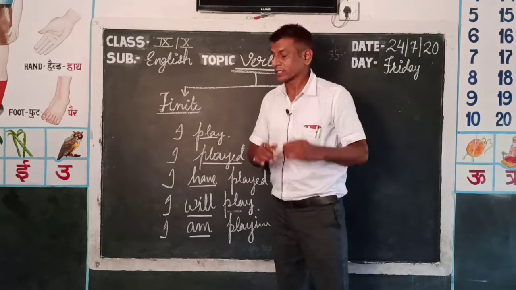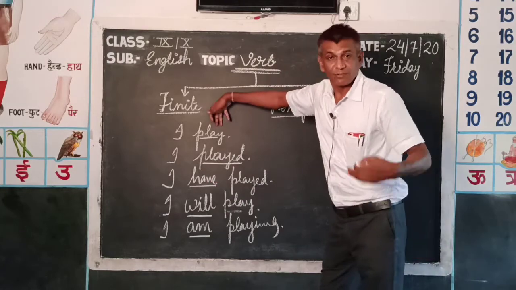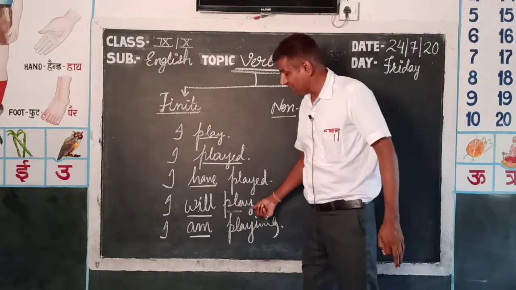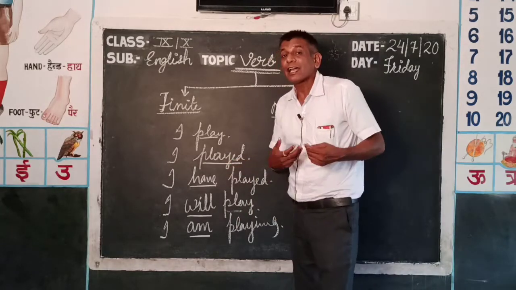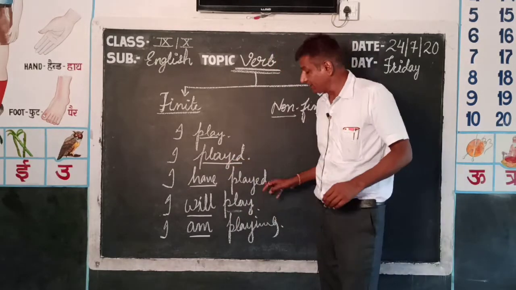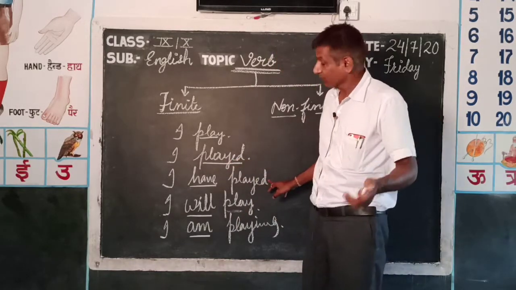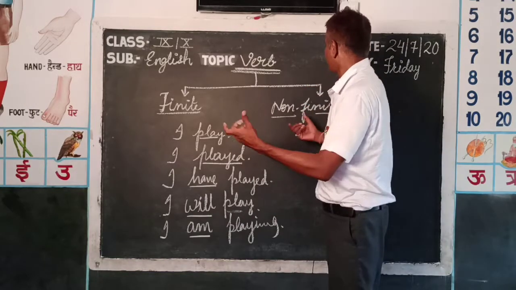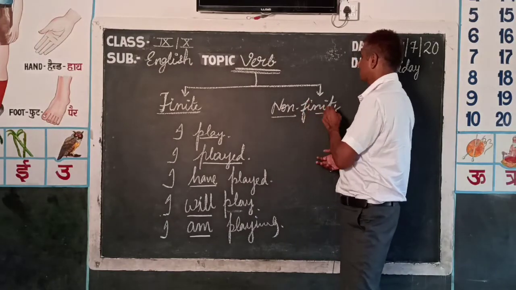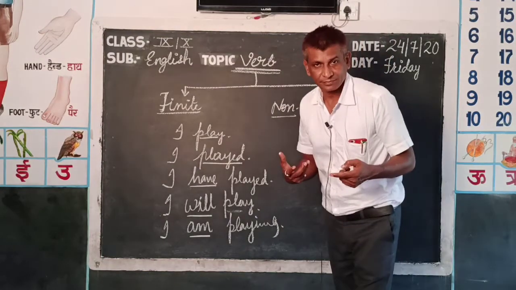Once more, here play is a finite verb, but here play is not a finite verb. Here played is a finite verb, here played is not. So after the finite verb in a sentence, non-finite verbs are used.